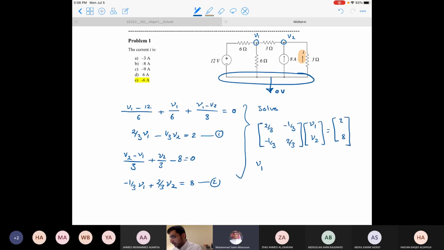If I solve it by calculator, V1 will be 12 volts and V2 will be 18 volts. Remember, I here is by Ohm's law 0 minus V2 divided by 3. So it's minus 18 divided by 3, and this gives me 6 amperes. And that's the solution.